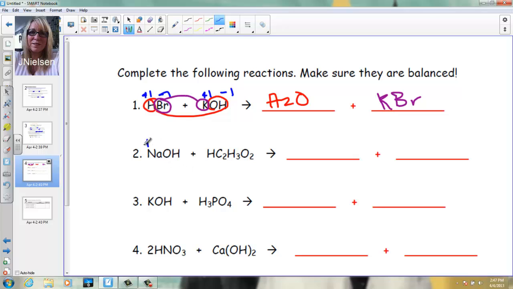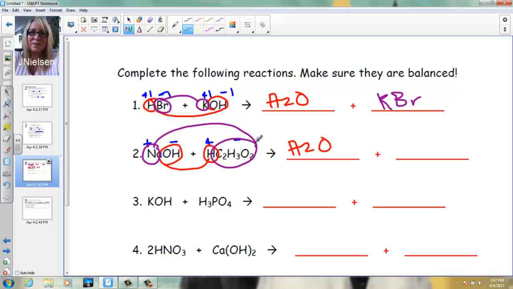In my next one, Na is plus, OH is minus, H is plus, acetate is minus. So my plus goes with my minus to form water, and my plus, my Na, goes with my minus to form a salt. NaC2H3O2 is sodium acetate.